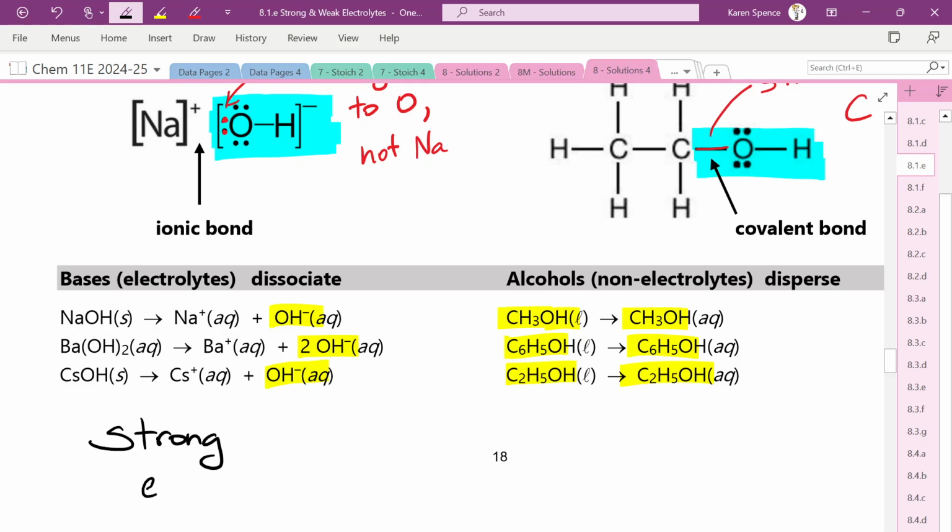So strong bases are strong electrolytes, and alcohols are non-electrolytes.